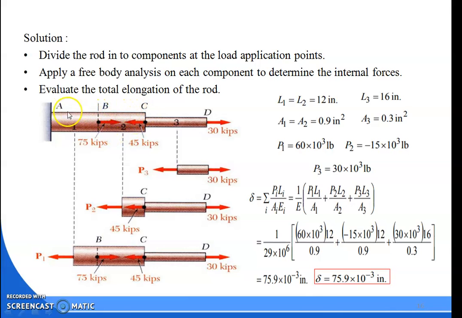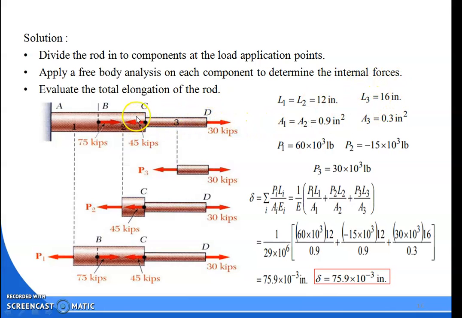The whole section is subdivided into two equal parts, so A to B equals B to C, which is 12 inch. Then from C to D, the length is 16 inch.